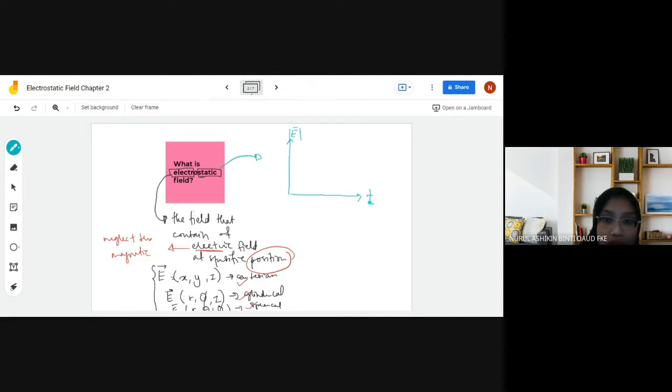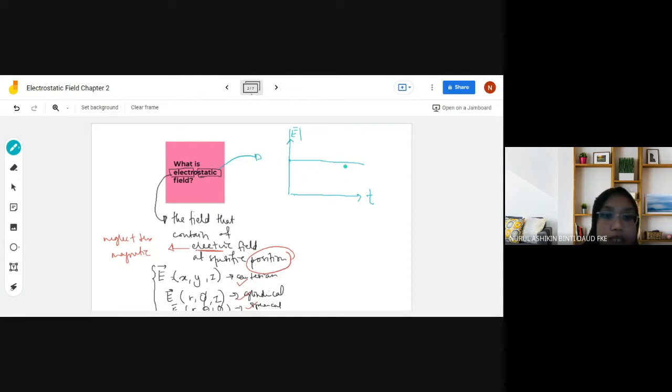Okay, so let's say that we have one particular condition where the electric field appears to remain constant throughout any time. There are going to be no changes with time, and the time now is constant.